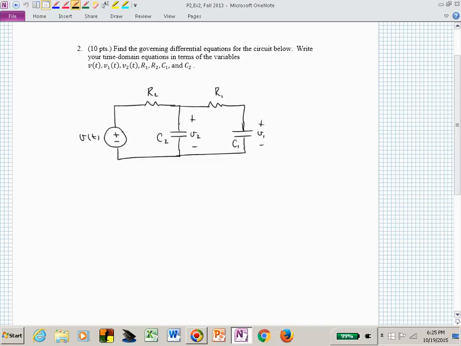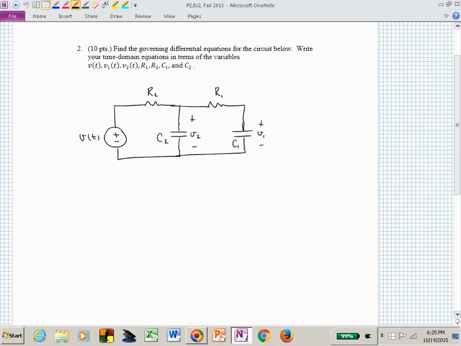If you do KVL, then you have to put in the correct current expression in terms of these voltages, because I'm saying write your equation in terms of V1, V2, and I'm not saying any currents. So if you do define mesh currents, you have to rewrite those in terms of V1 and V2 and V. So KCL, node voltage analysis, is probably more appropriate for this problem.